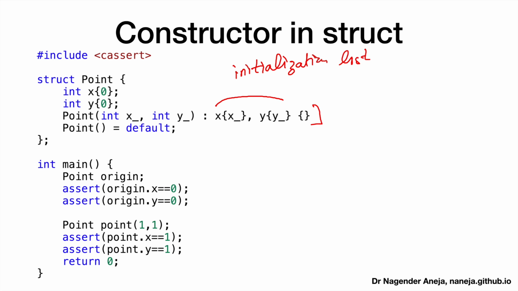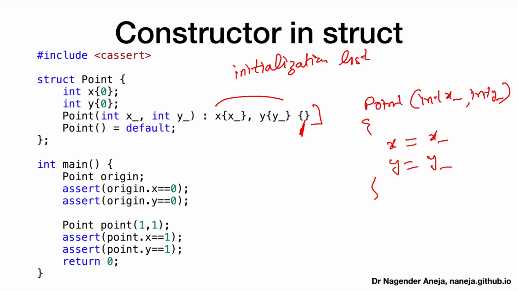And the second method that you may have used is that we define the constructor Point, and it takes the values integer x underscore, integer y underscore, and then here the body is currently blank, but we are going to define it. So we can say x is assigned the x underscore, and y is assigned the y underscore, or you can say this arrow x is assigned the x underscore.